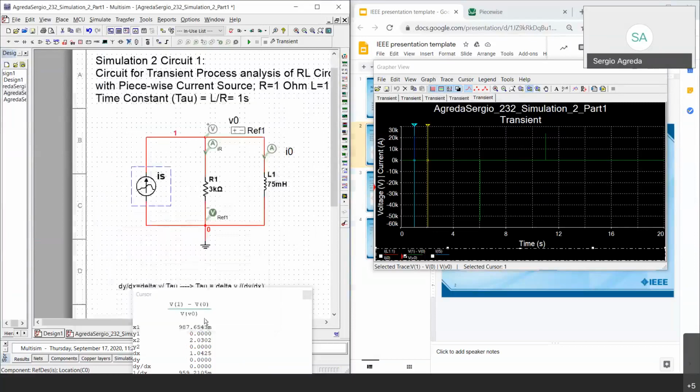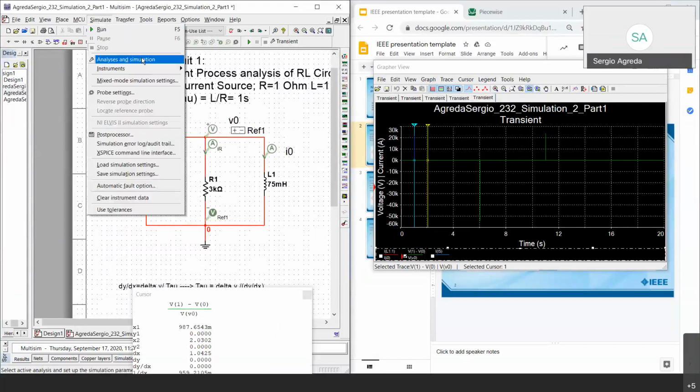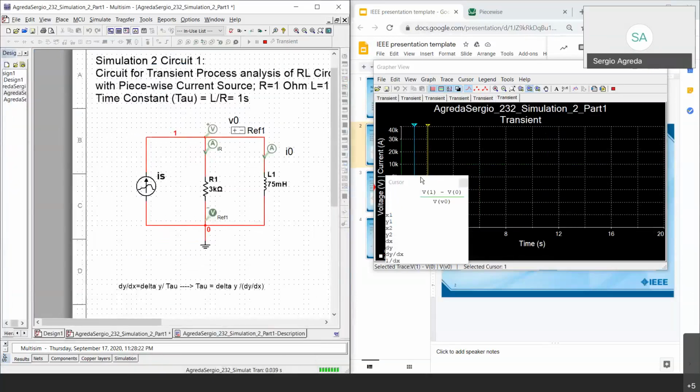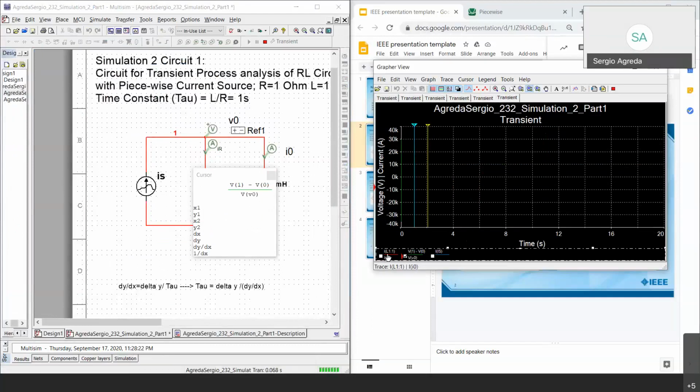So hopefully this is still pretty good. I have to see also my maximum time step because that changes a whole different aspect of it. It changes a lot.